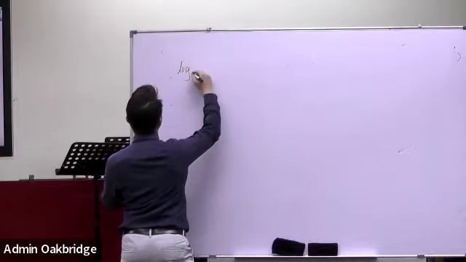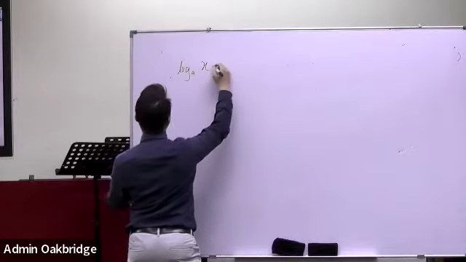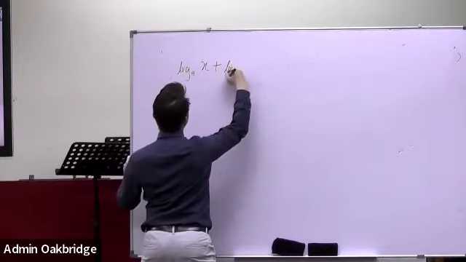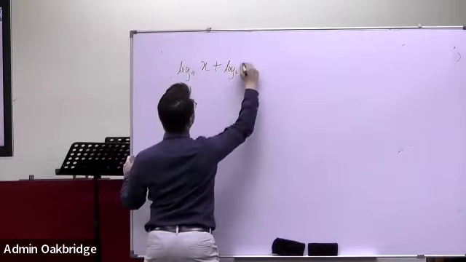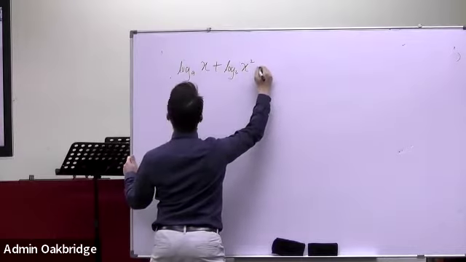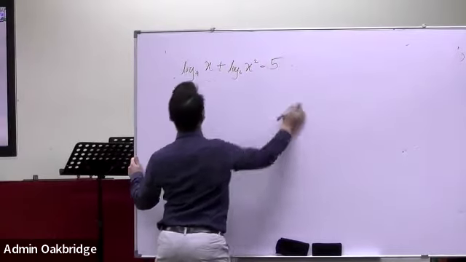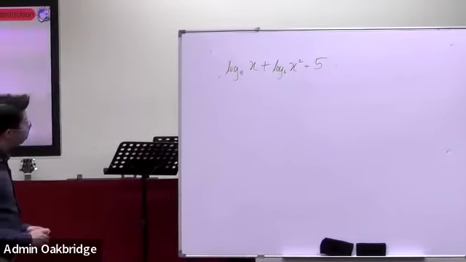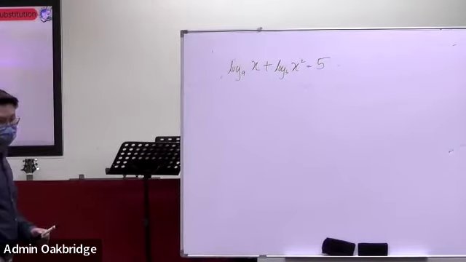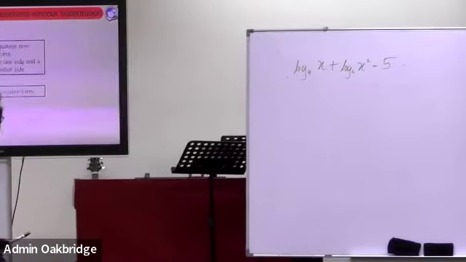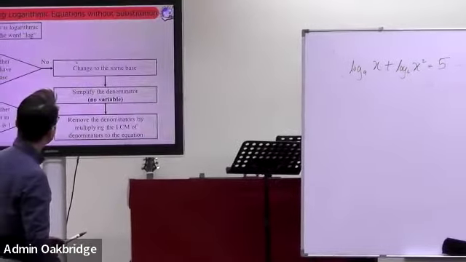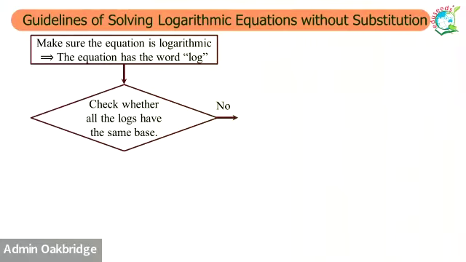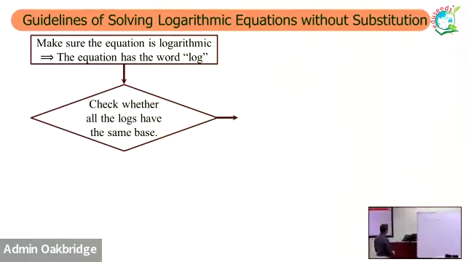We have log base 9 of x plus log base 3 of x squared equals 5. So do you remember our first step? Always check whether they have the same base or not, right? Here again, they don't have the same base.